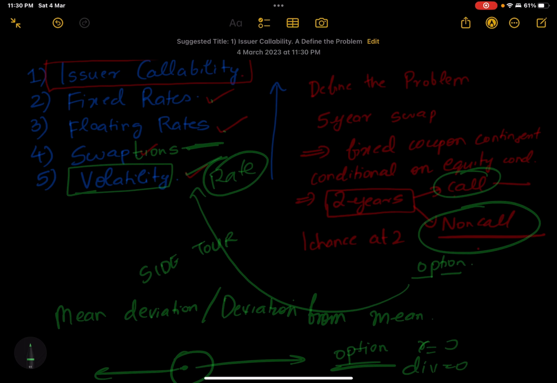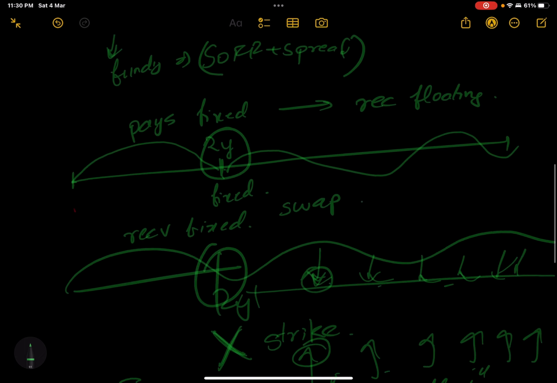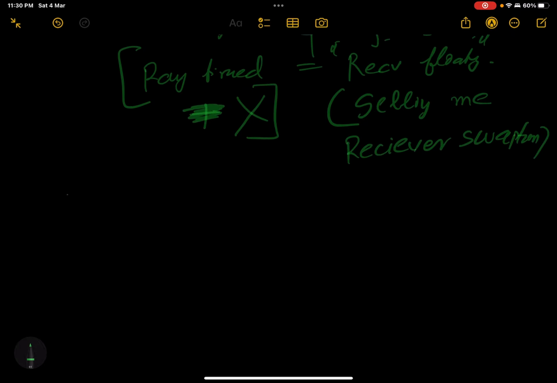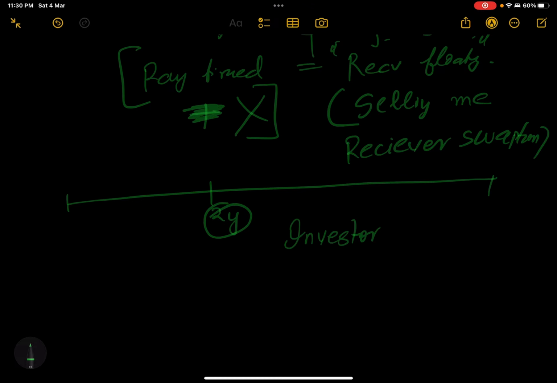Why does it define callability? Coming to the last part, why this callability? If this is my swap at 2 years, what I will try to do is ask the investor who is purchasing this callable note or swap to sell me this option.